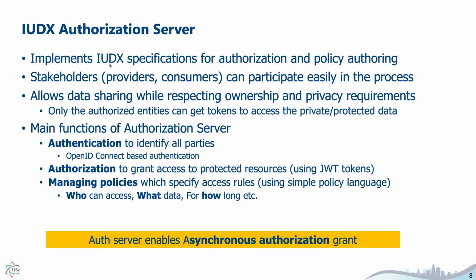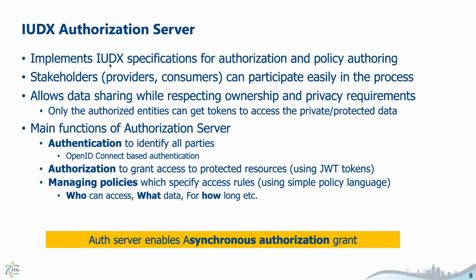The main functions of the authorization server in IUDX are authentication to identify all parties. We use OpenID Connect-based authentication. In the current implementation, identity services from Keycloak are used to provide authentication. Authorization to grant access to protected resources. Here we use JWT tokens.